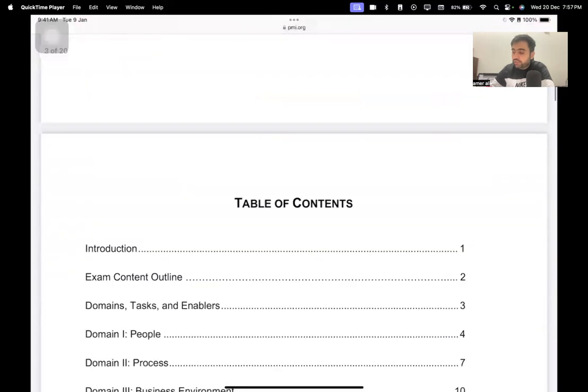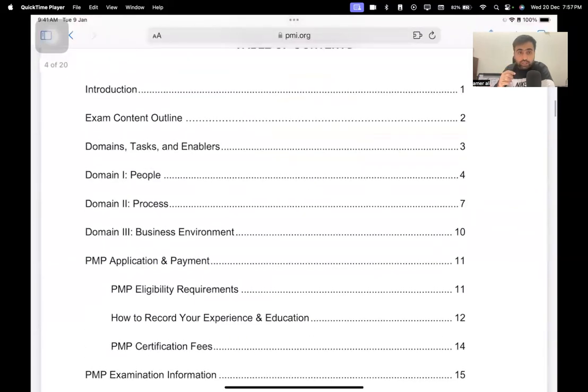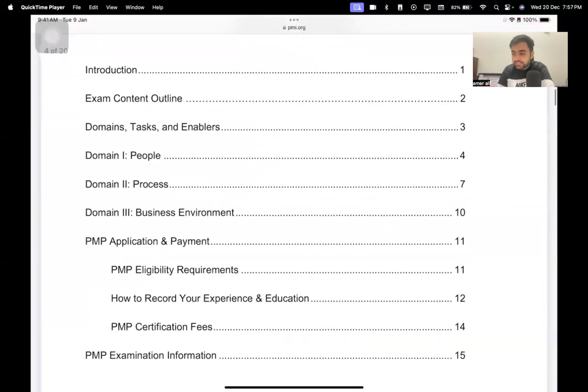The exam content outline has domains, tasks, and enablers. These three things are in the outline. We have three domains: if you talk about the exam, 42% of the exam is the people domain, 50% is the process domain, and 8% is business environment.